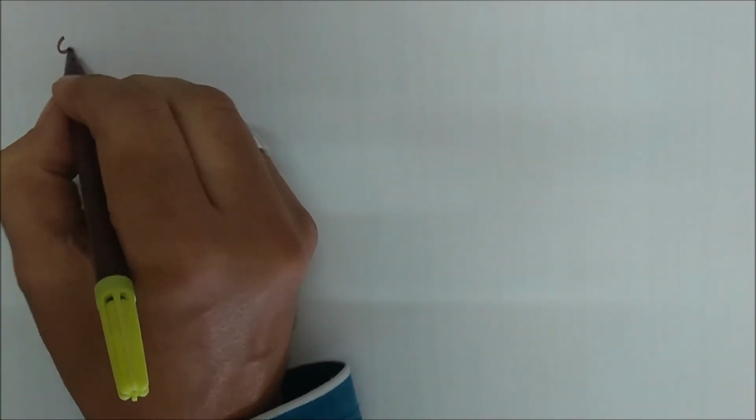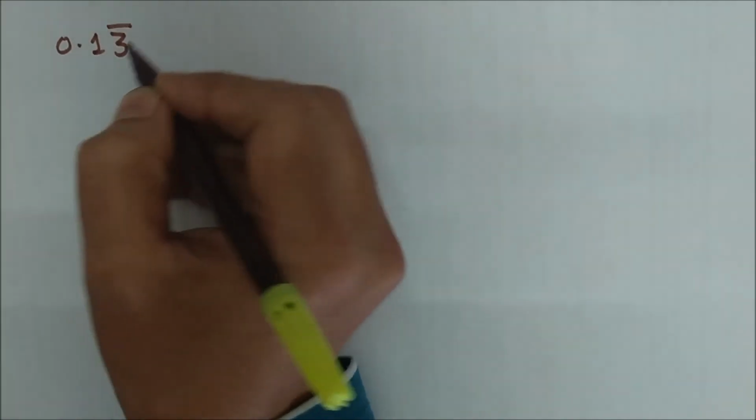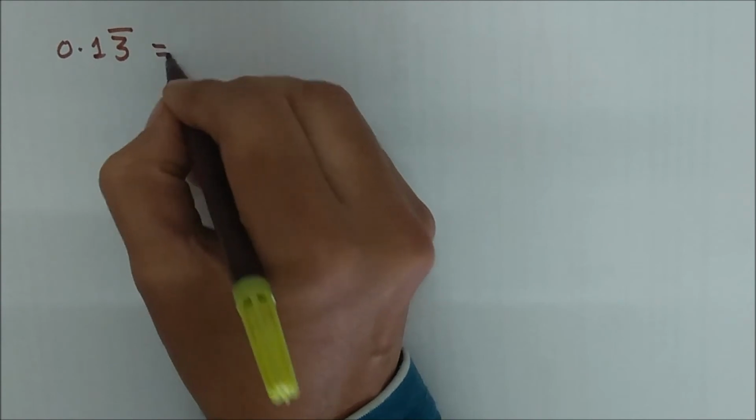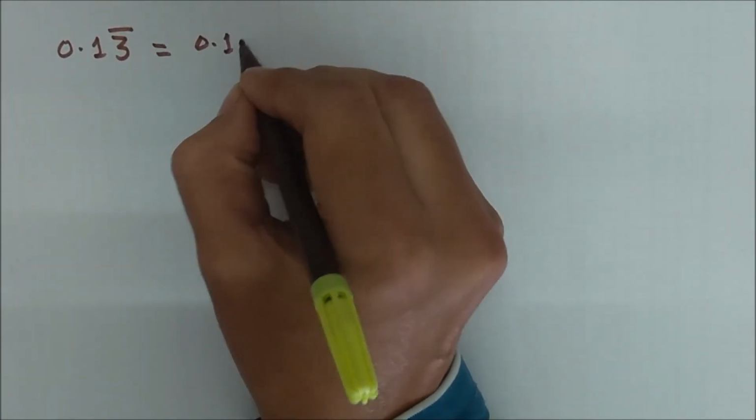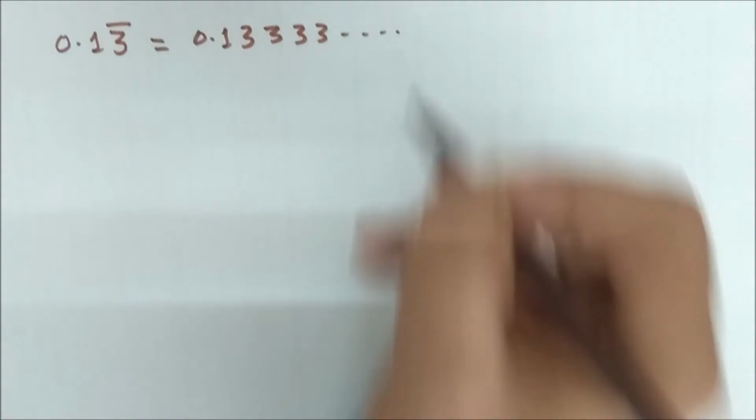Now we come to a different kind of recurring decimal, say 0.13 bar. 1 is not recurring, only 3 is recurring. This can be written as 0.13333 and so on.